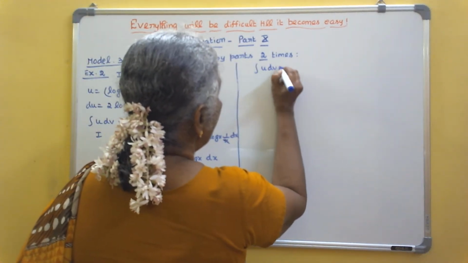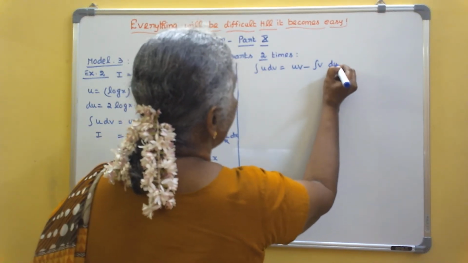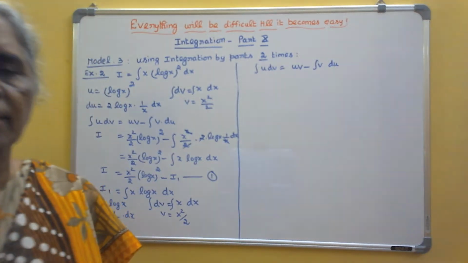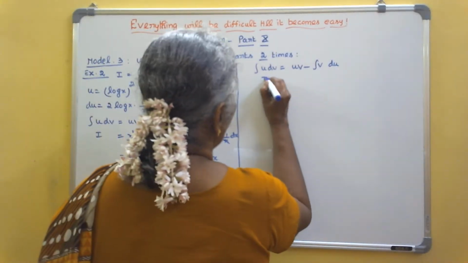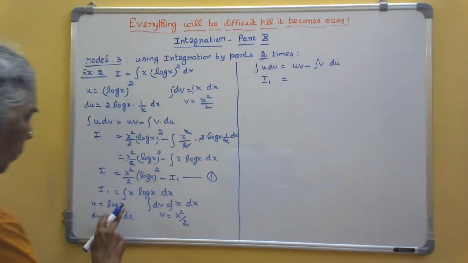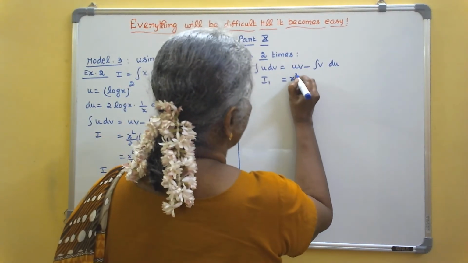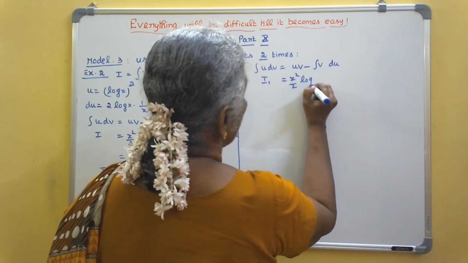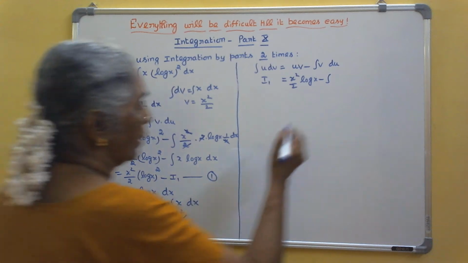Integral u dv is equal to uv minus integral v du. Now, the left hand side is I1. Remember that. So, right now I1 is equal to u into v, that is x squared by 2 into log x, minus integral v. V is x squared by 2.